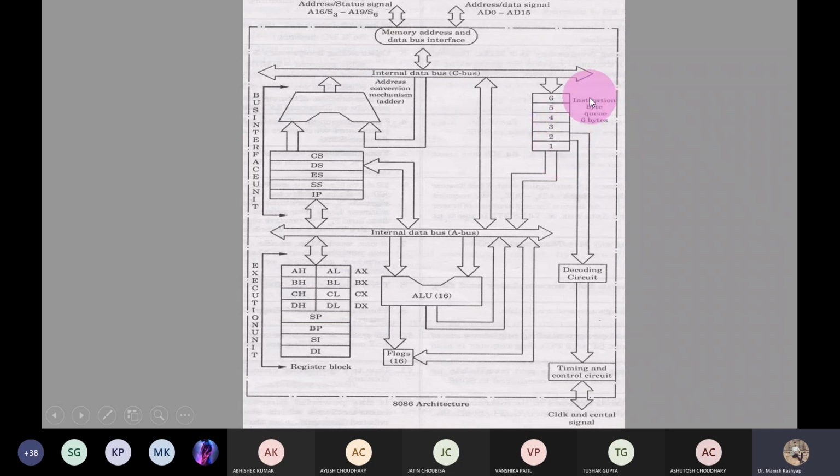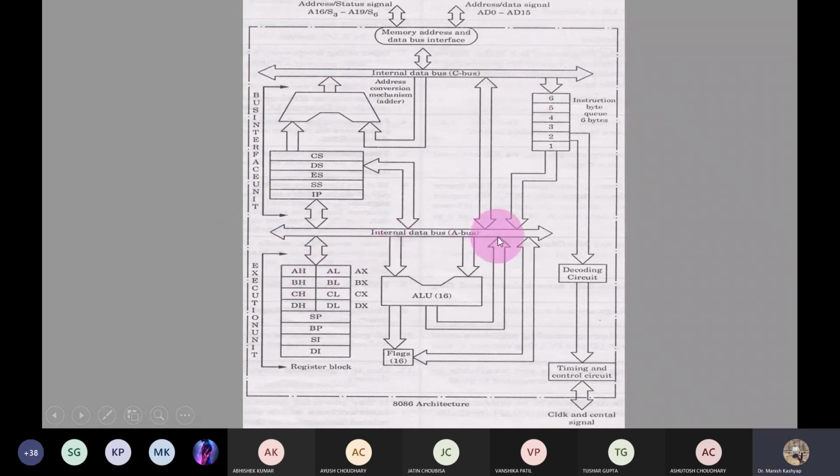So at a time, more than one instruction can be fetched into this instruction queue, and fetching versus decoding and executing remain independent of each other, right? This is the major point of difference, and this process is called pipelining. So the bus interface unit was mainly involved with these things.